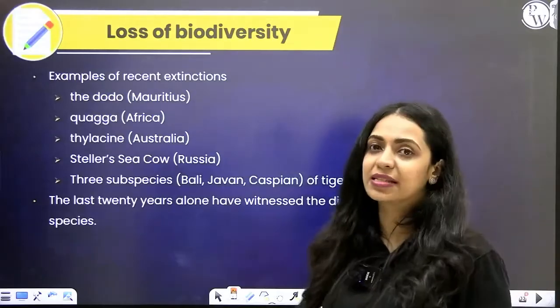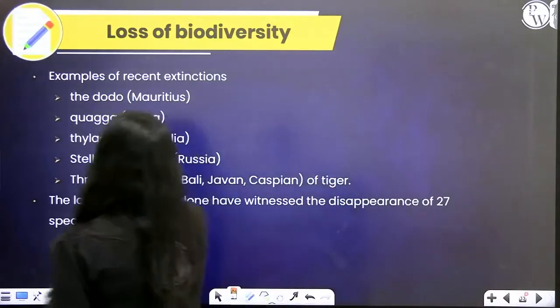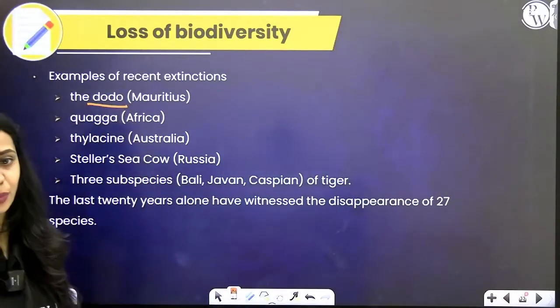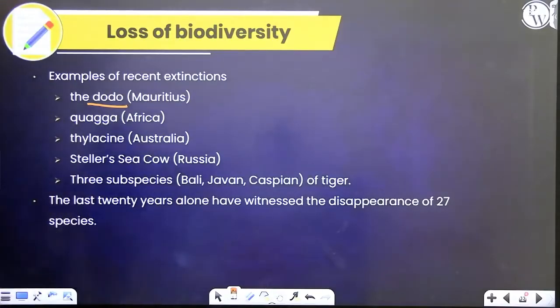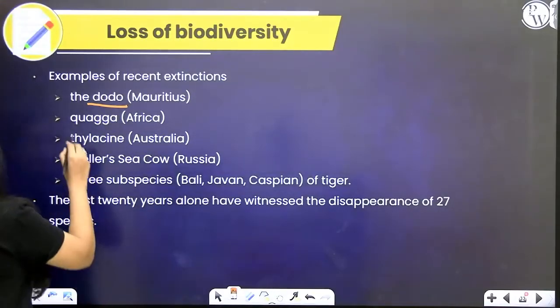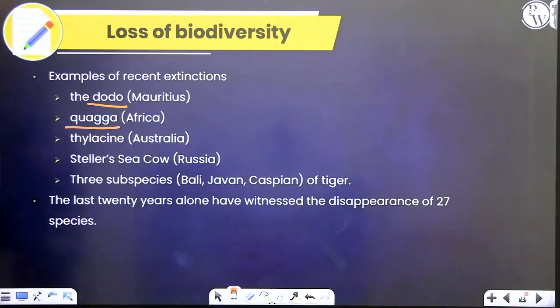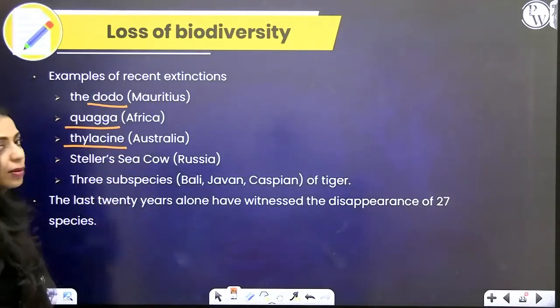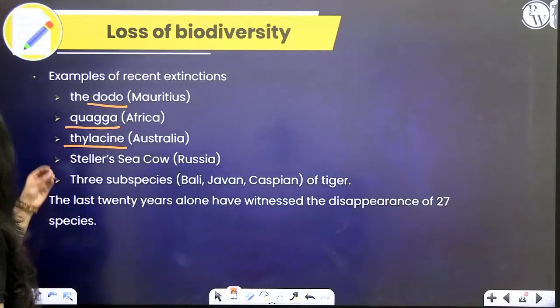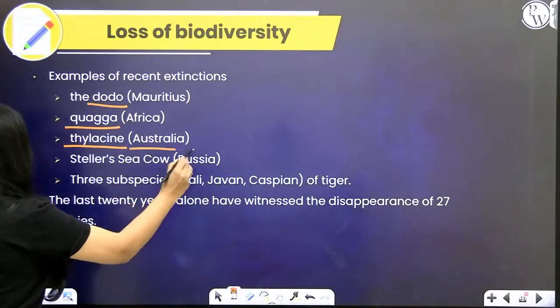Some examples of the recent extinctions are the dodo. The dodo is a beautiful little bird that you used to find in Mauritius earlier, but it's no more there because it's extinct. And then you have the quagga from Africa, and then the thylacine. This looks a little bit like a fox and a little bit like a dog. Very cute little creature in Australia.